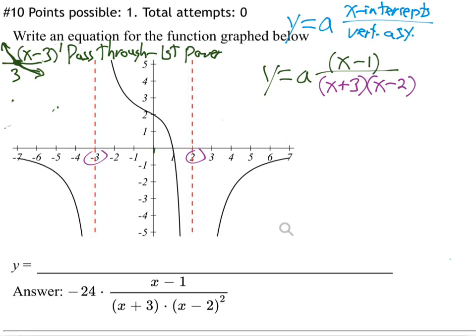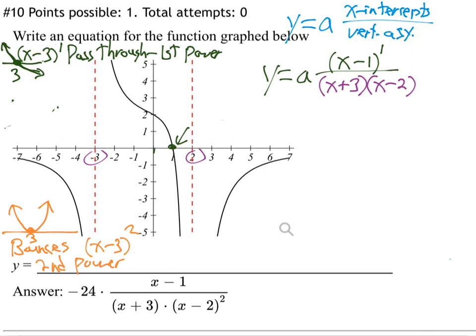So if you have something that bounces, that's second power. Bounces at 3, that'd be x minus 3 squared. Okay, now I want you to think about this more deeply because it's the same thing. So on the top we have a first power because that just passes through, but it's the same deal for the asymptote lines. What am I talking about?